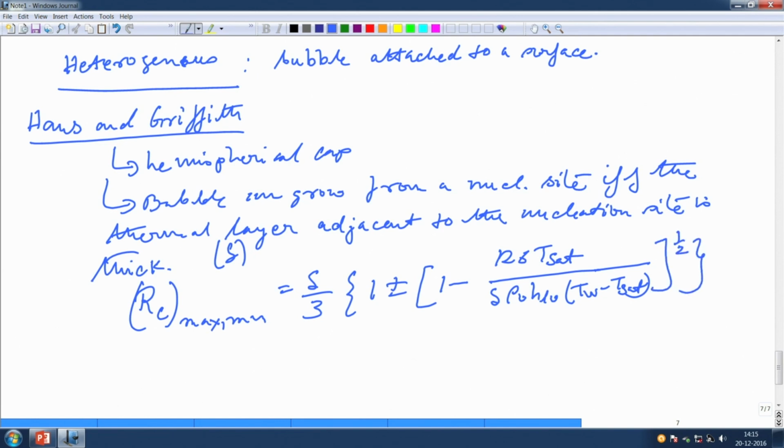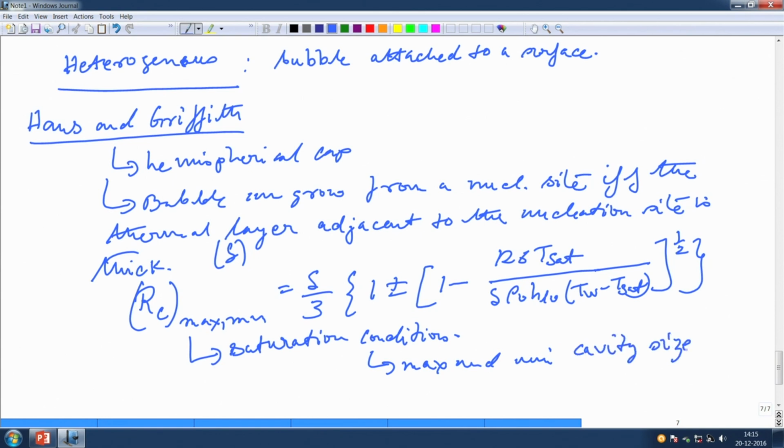Okay. So, this is for saturation conditions. For saturation conditions, remember we had saturated boiling and things like that. So, that is what will be the sizes that will be active, the maximum and minimum cavity sizes that will be active. Okay.